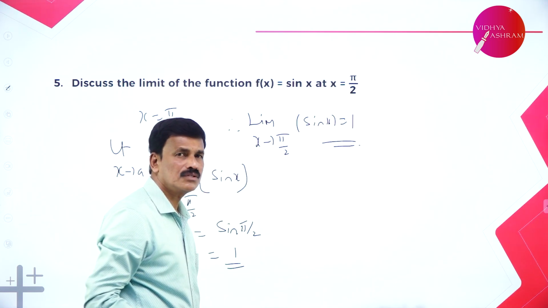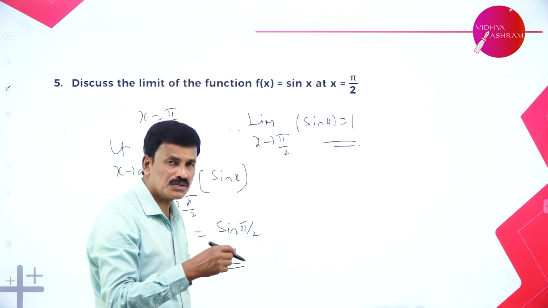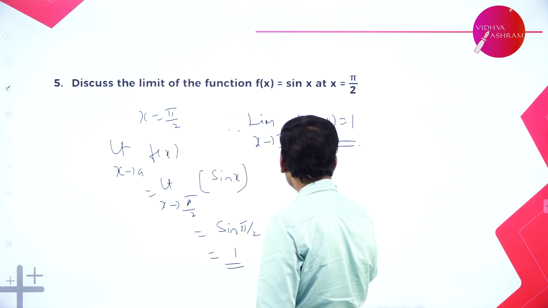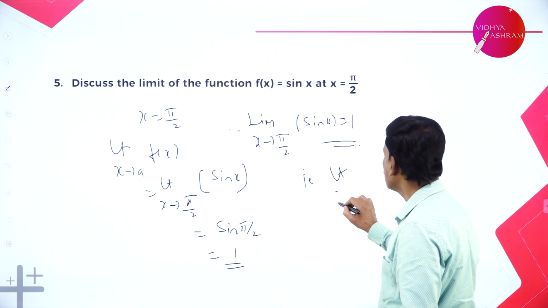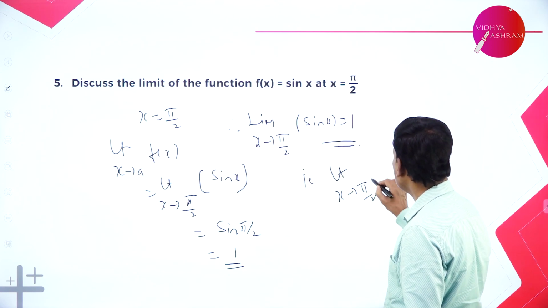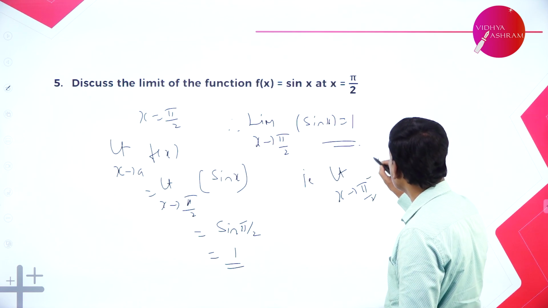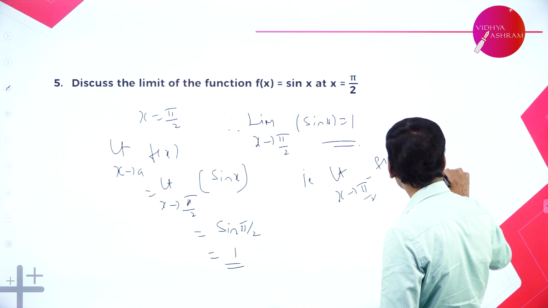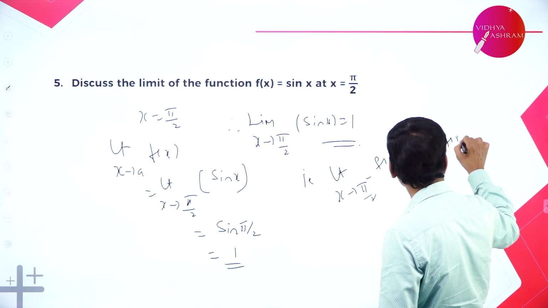That's it. If you want, you can verify by using the tabular method also. That means, here, what is the meaning? The limit x tends to pi by 2 minus, that is the left hand limit of f of x, is equal to the limit x tends to pi by 2 plus, the right hand limit.